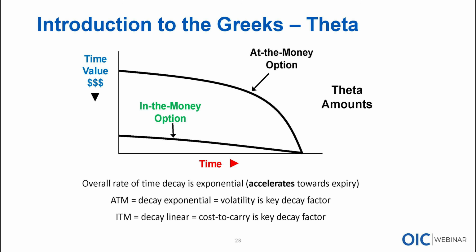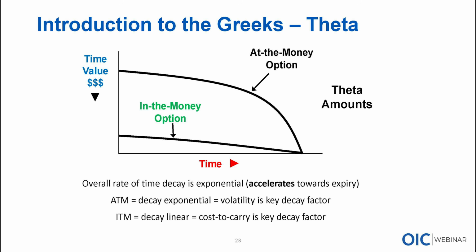Now, the reason that it's important for buyers to know, and sellers for that matter, is that that rate of decay typically accelerates between 30 and 45 days out until expiration. So option buyers, if they buy a contract expiring a week from now, if there's any time value to that option, that time value is going to decay rapidly.